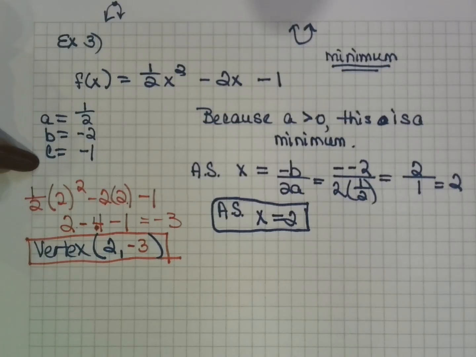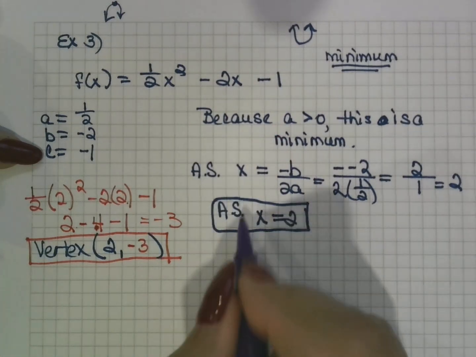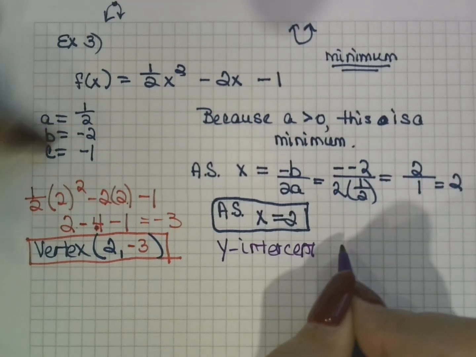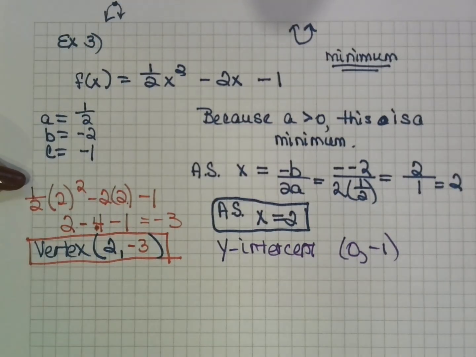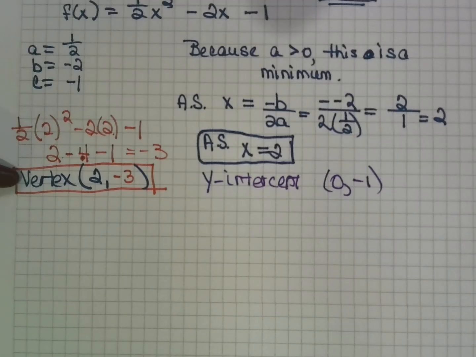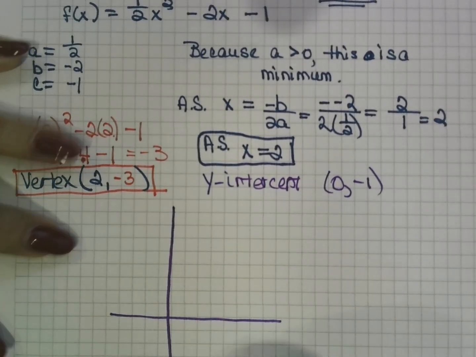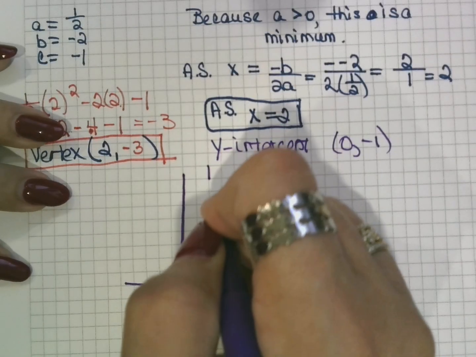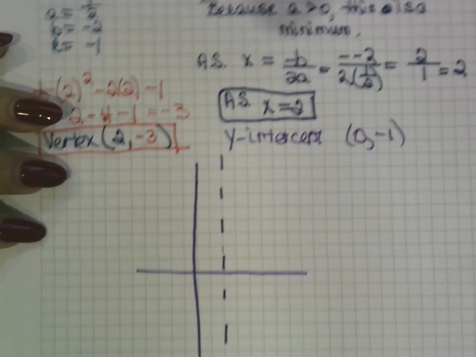And another thing we have, because this is in standard form, we know that our y-intercept is at the point 0, negative 1, right? Because that's where it's crossing the y-axis. So we've got enough information now to go ahead and graph this really quickly. We have axis of symmetry at x equals 2. We always kind of do this as a dotted line.